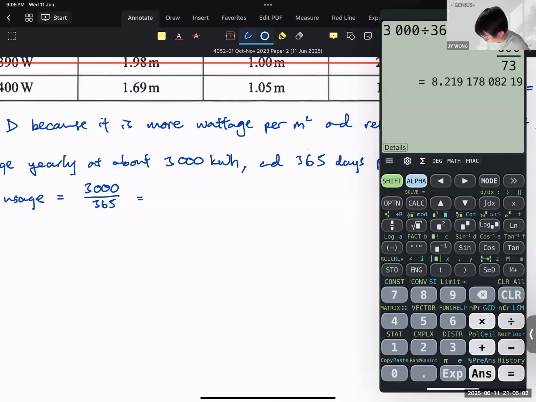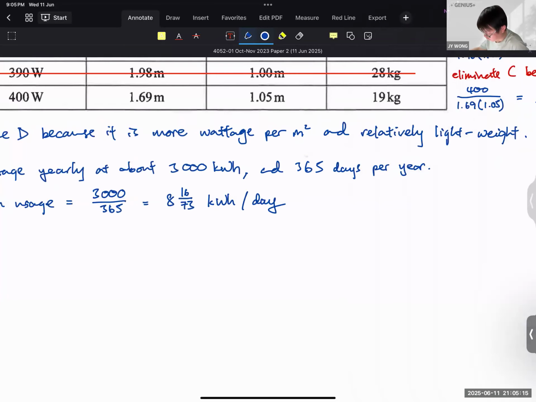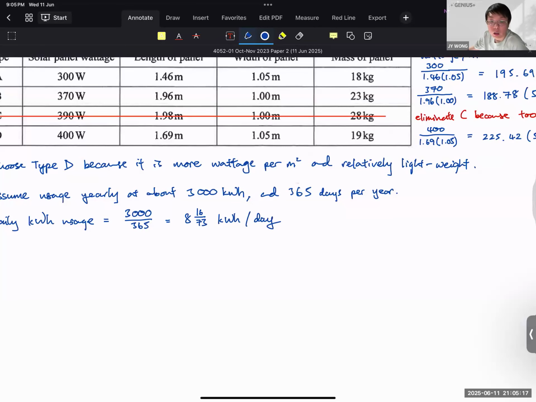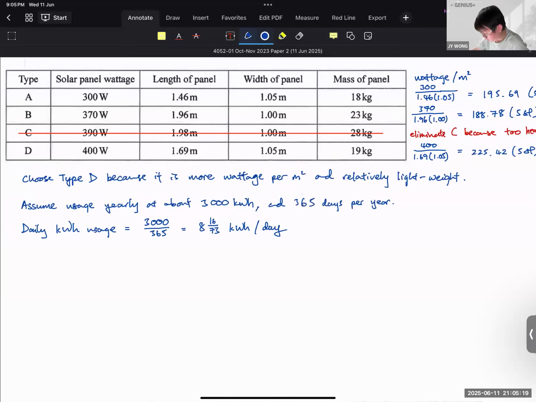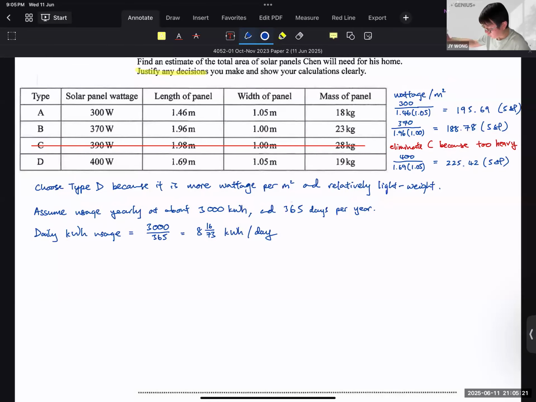You will get about 8 and 16 out of 73. I will always put the answers in fraction because it's more accurate.